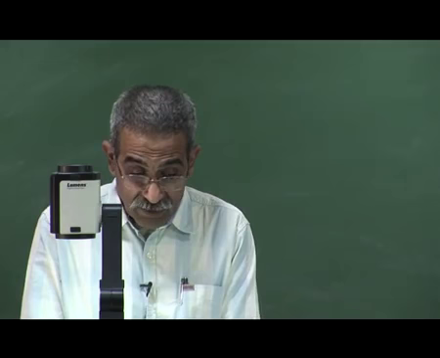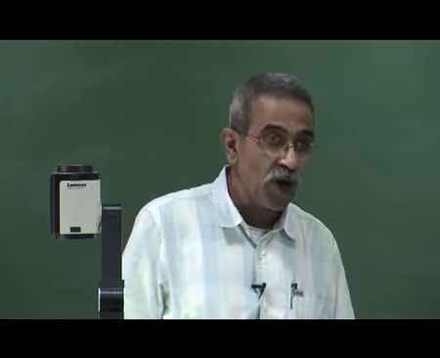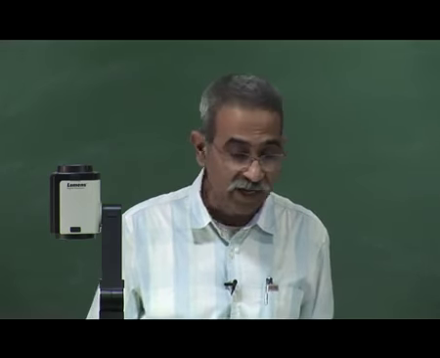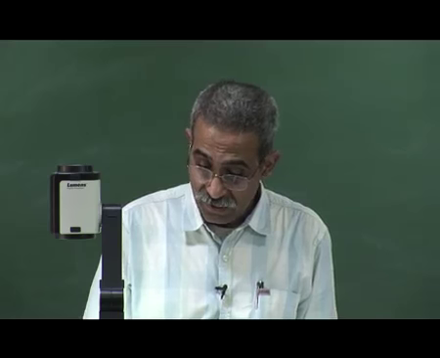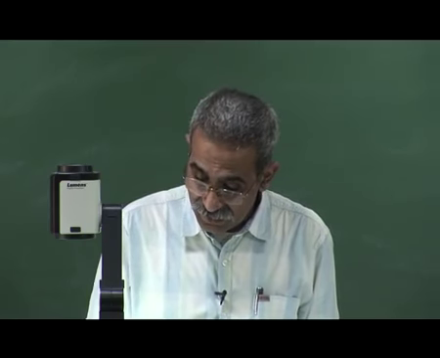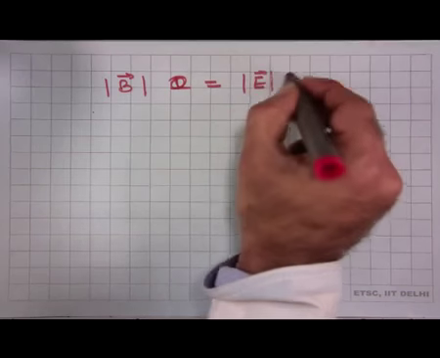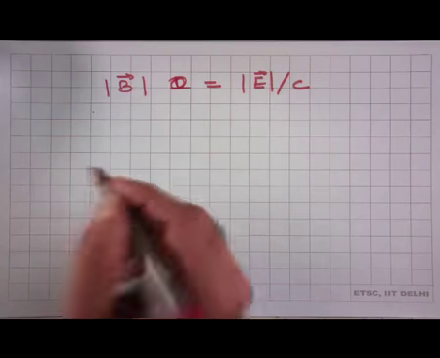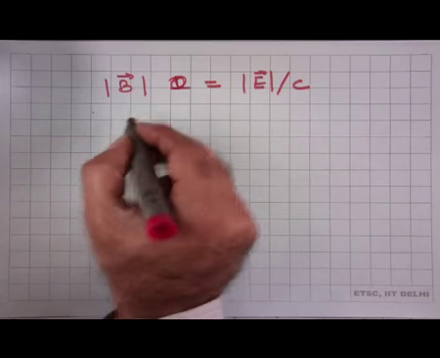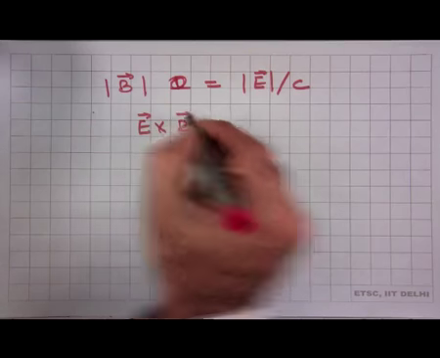So the wisdom that we learn is, although there are two vectors at every point in space which keep on varying in time, they are not independent of each other, because my magnetic field is nothing but the magnitude of the electric field divided by c, that is what I have, and the direction of the magnetic field is such that E cross B is parallel to n.